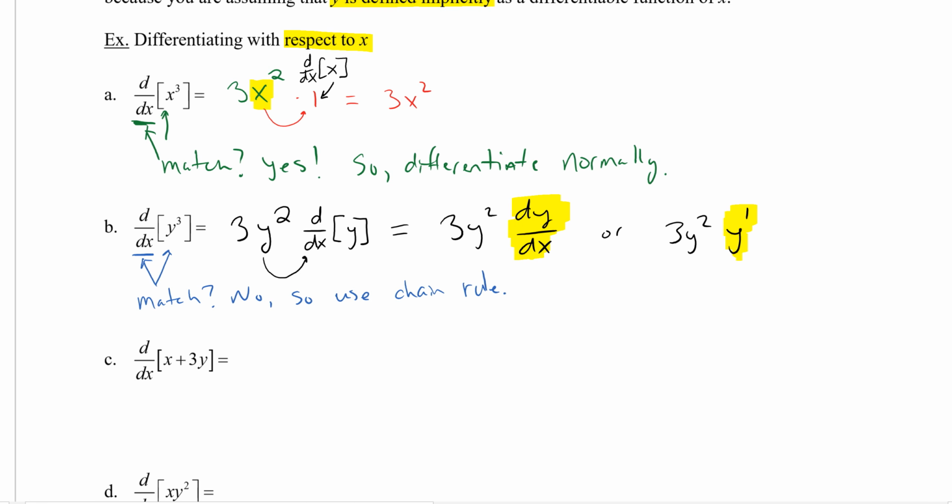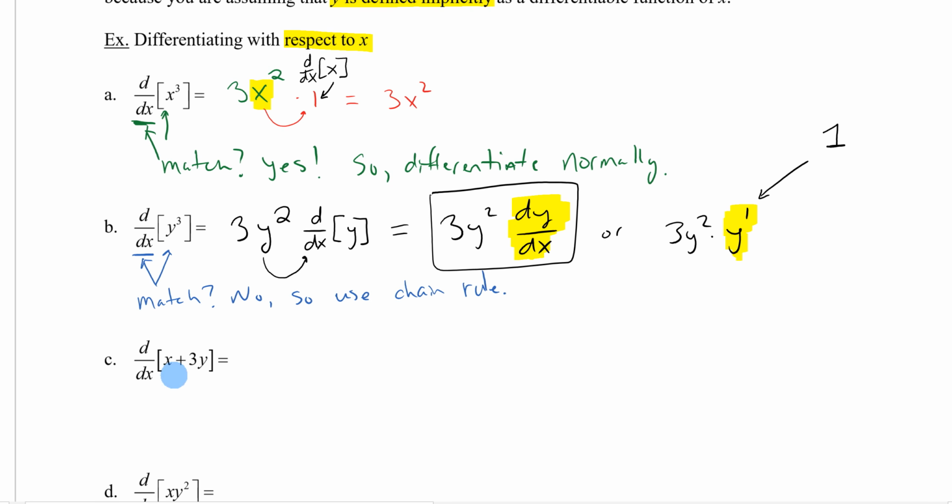They both mean derivative of y with respect to x, except for this notation, it's not explicitly stated with respect to x. Okay, so keep in mind that this is not a power of 1. It's a prime. Okay, so don't get these confused. I tell my students stick with this notation because you can literally see dy dx.